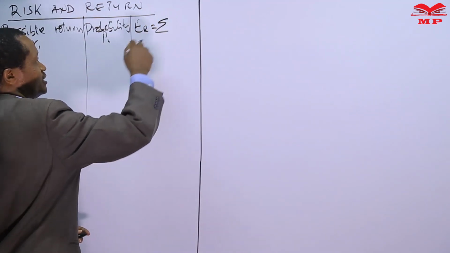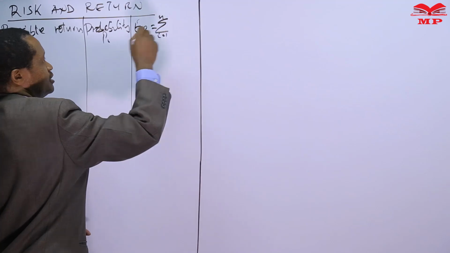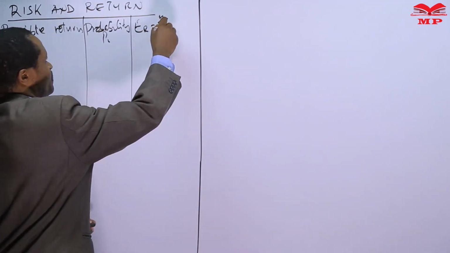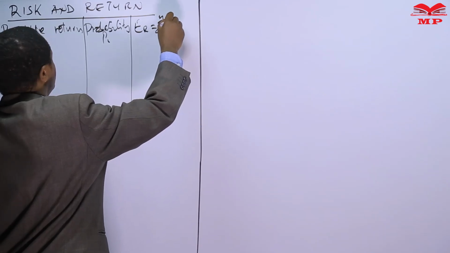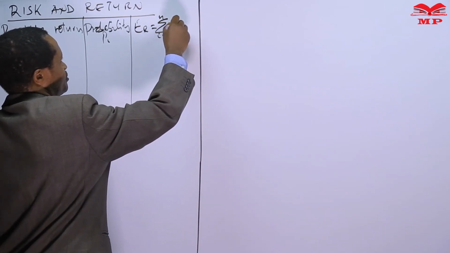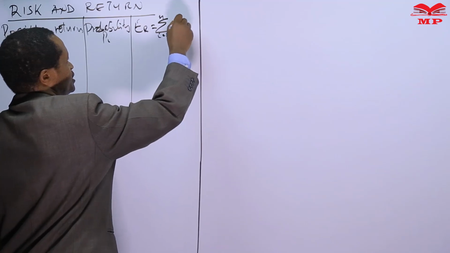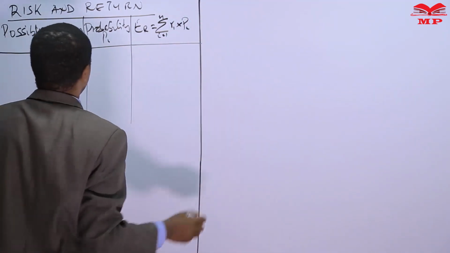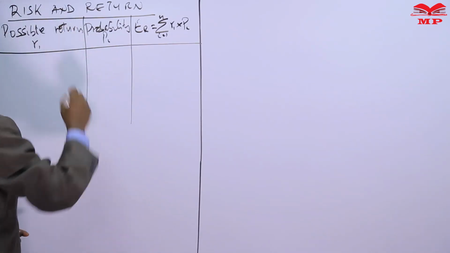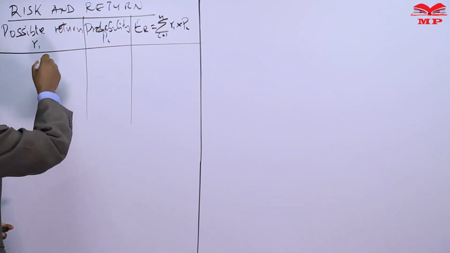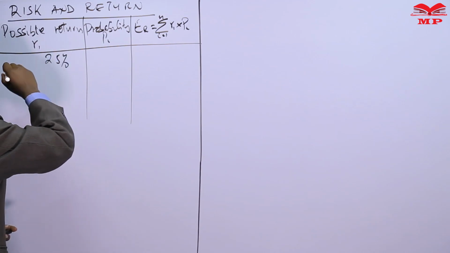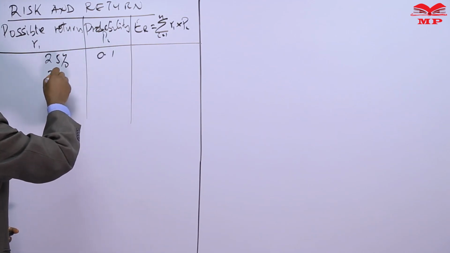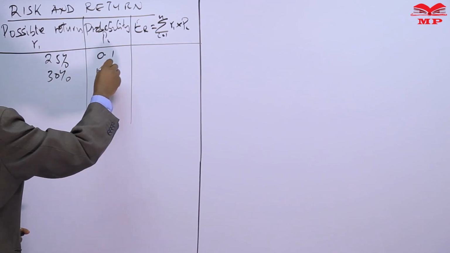We said expected return is a weighted average of the possible returns. We multiply the possible returns by the probability of the return. So in the illustration, we had one possible return of 25%, probability 0.1. Next was 30%, probability 0.2.